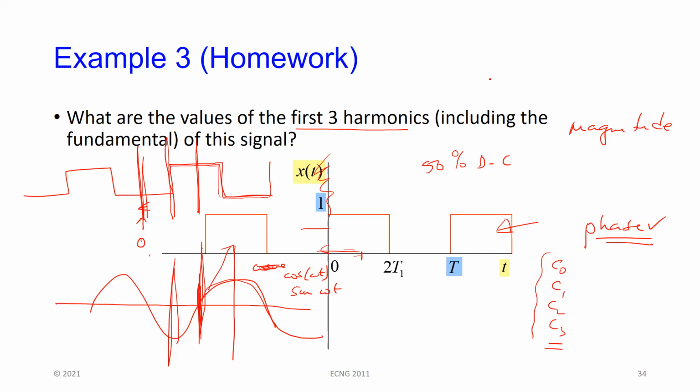For instance, if I have two sinusoids of the same frequency, if I add them up in phase, I get one that is twice the amplitude. If I add them up totally out of phase, I get nothing. Yeah? So that phase is a very important characteristic of the components inside of here. So there are two things that will crop up, the magnitude part and the phase part. Okay?